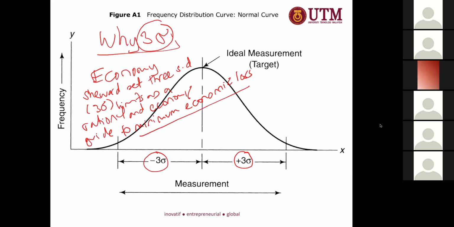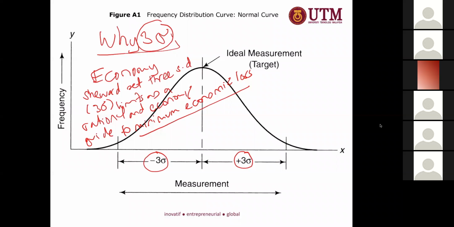Minimum economic loss. Because if we increase the sigma, it means the rejects may increase. So beyond the economic range, they identified 3 sigma as okay.